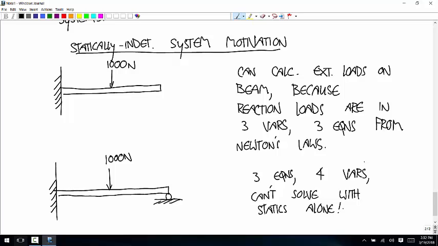That would give us a new equation. Since that roller's there, we know that that deflection has to add up to 0. We know something about the end here, okay? And that would give us our extra equation that lets us solve a system of 4 equations for 4 variables.